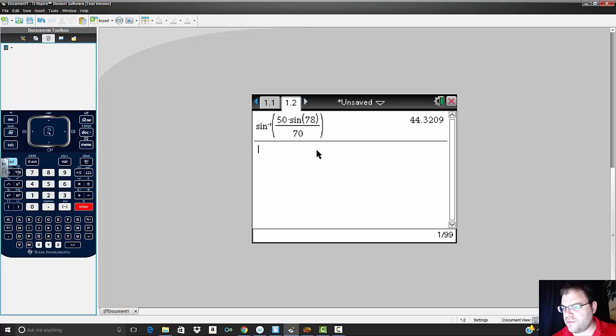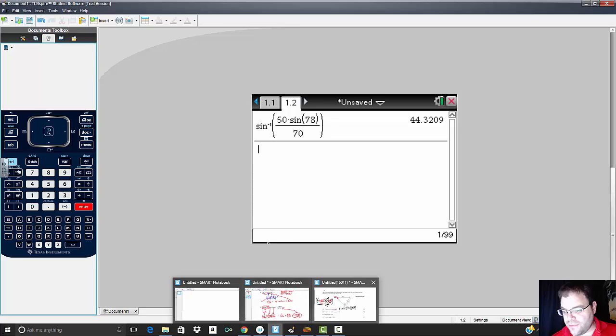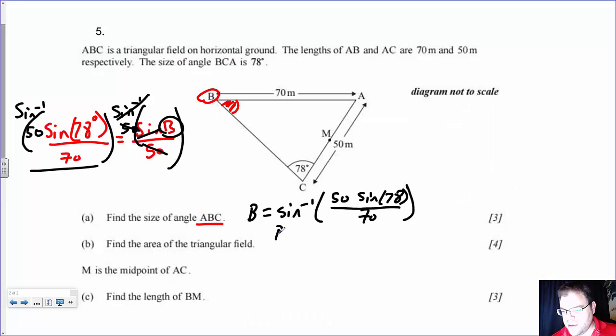So this is going to give me 44.32. I want to say 44.3 is going to be my angle that I'm after. So angle B is 44.3 degrees. So that's this angle right here. All right, find the area of the triangular field.